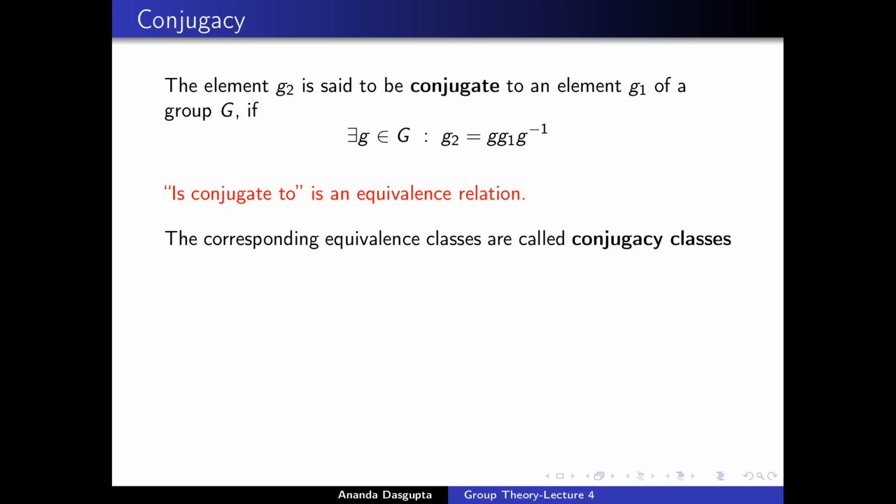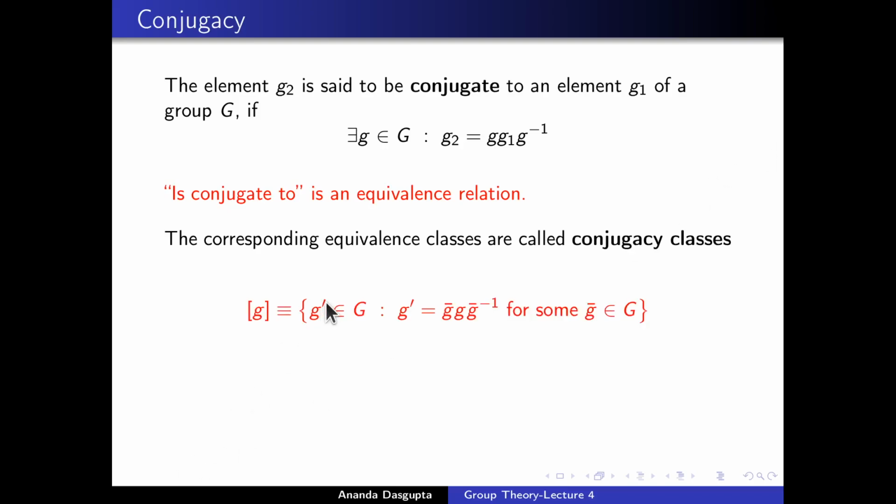For the time being, let us just take a look at the formal definition of a conjugacy class of an element small g. We write that with a square bracket around small g. So square bracket around small g denotes the equivalence class of the element small g of a group.